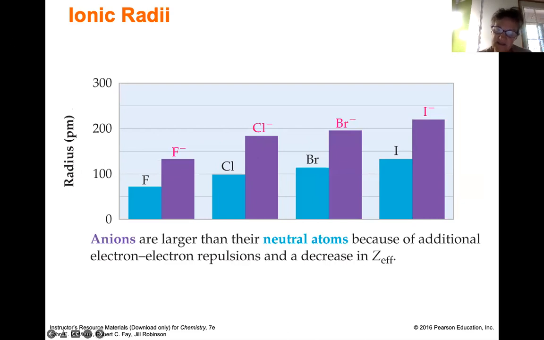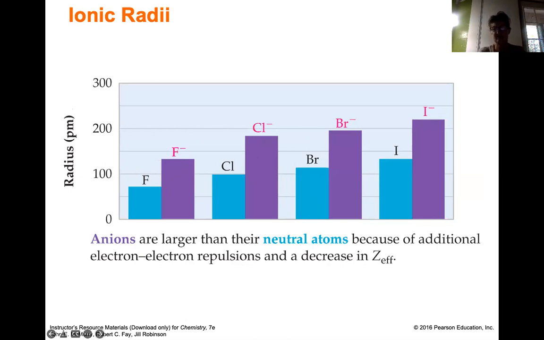So it makes sense that the opposite is true for making anions. If you have a neutral atom and you add an extra electron, but you haven't added a proton, then the Z effective is smaller. That electron doesn't see as much charge. And so anions are larger than their neutral atoms because of the decrease in effective nuclear charge.